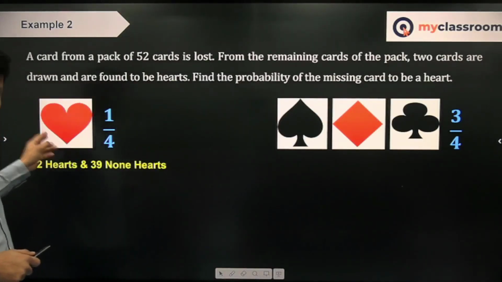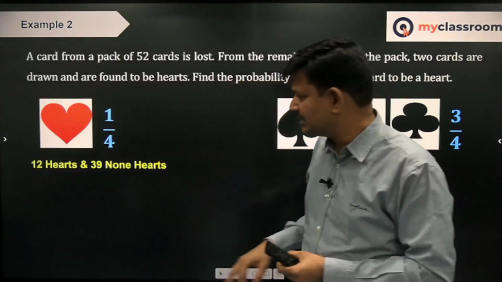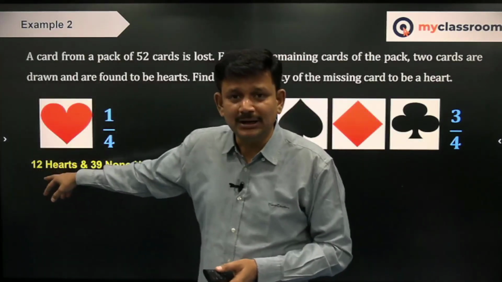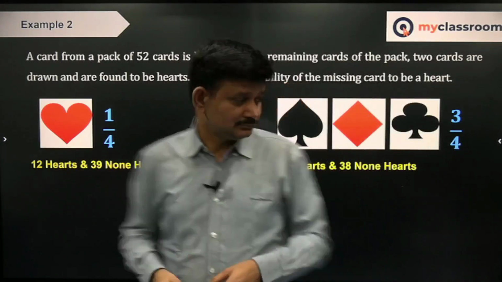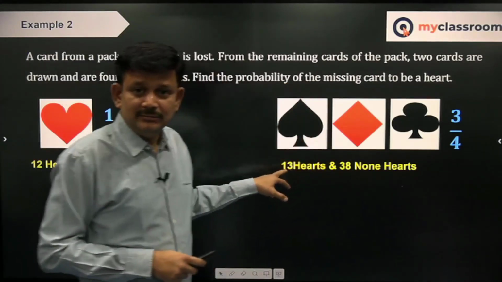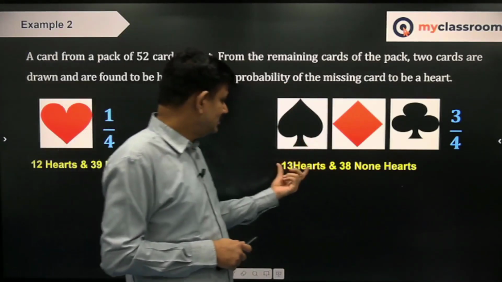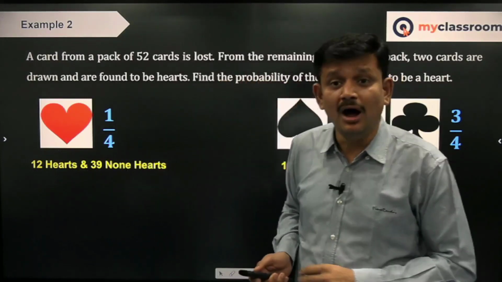When the missing card is a heart, how many cards are you left with? There are a total of 51 cards now, of which 12 are hearts and 39 are non-hearts. When the missing card is a non-heart, you will have 13 hearts and 38 non-hearts.